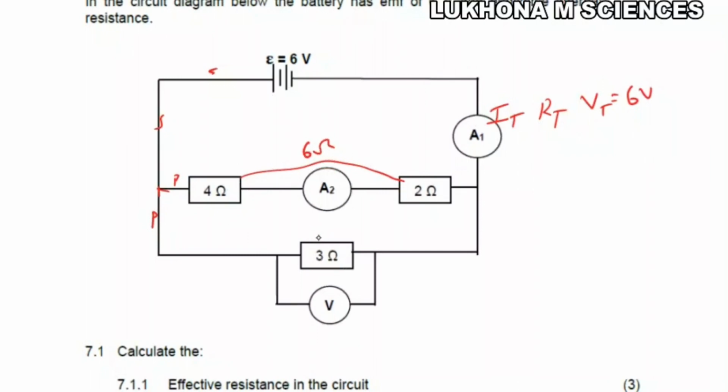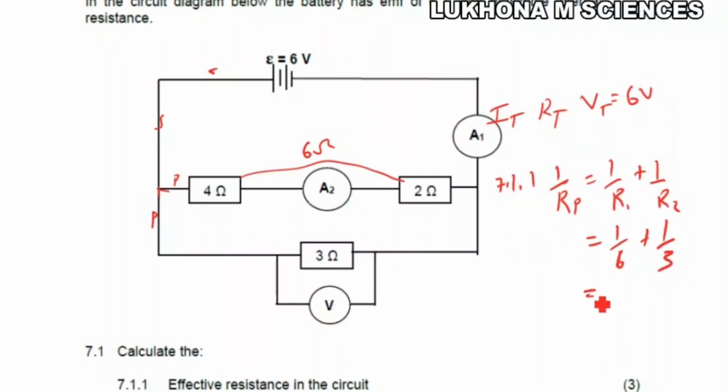7.1.1: 1 over R parallel equals 1 over R1 plus 1 over R2. In this case it's not series, it's parallel: the 6 parallel to the 3. So it is 1 over 6 plus 1 over 3. Then let's press the calculator.